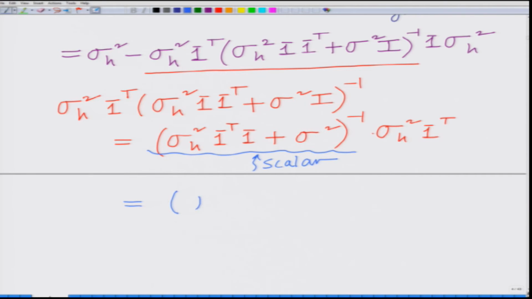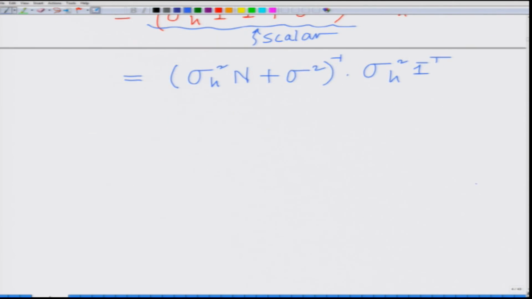So this quantity is a scalar, and its inverse is simply its reciprocal. So this is sigma_h square 1 bar transpose divided by (sigma_h square times n plus sigma square). Okay, so this is the simplification.